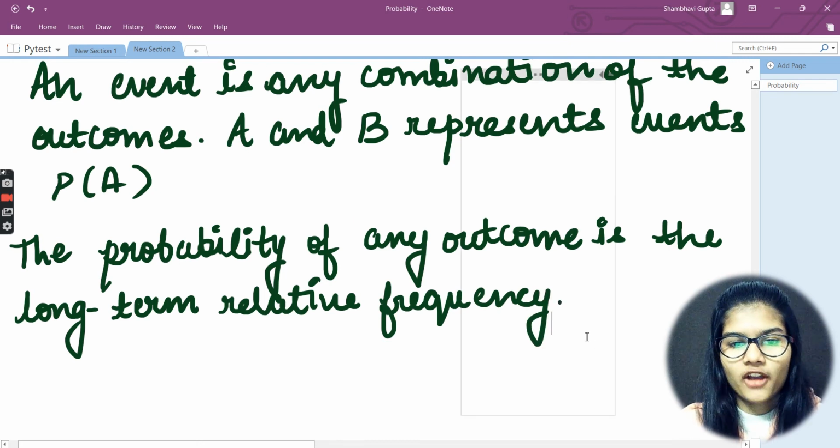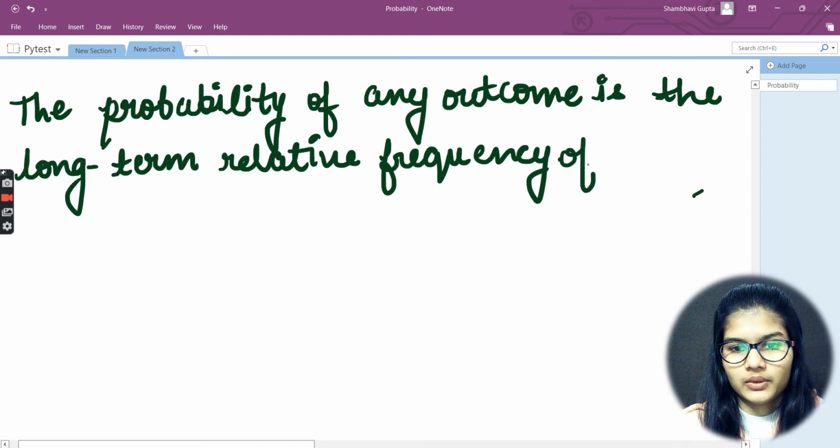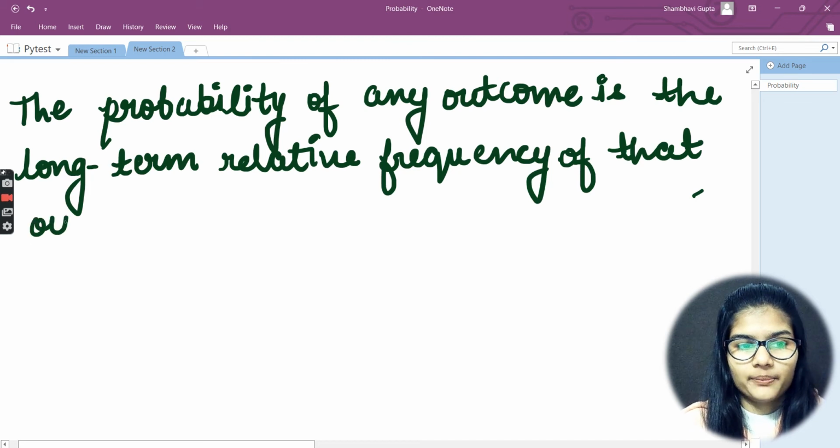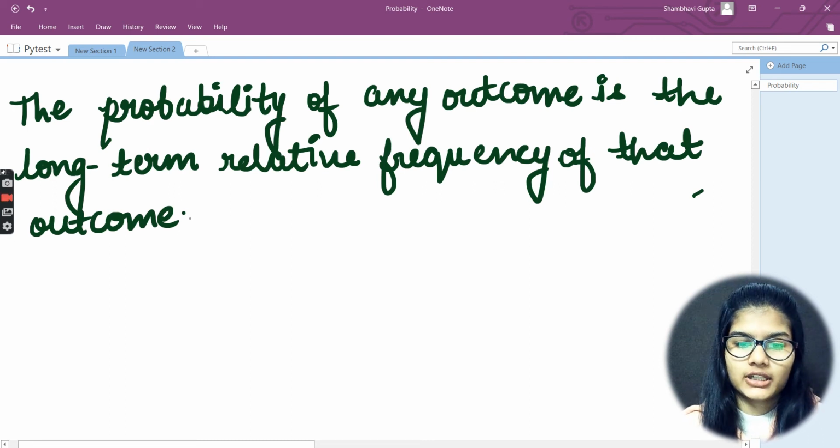So the probability of any outcome is a long-term relative frequency of that respective outcome.